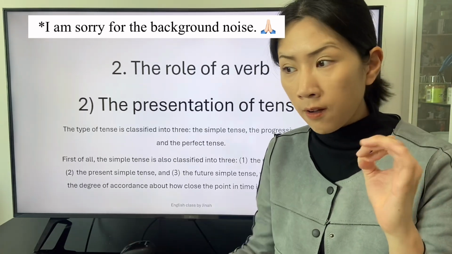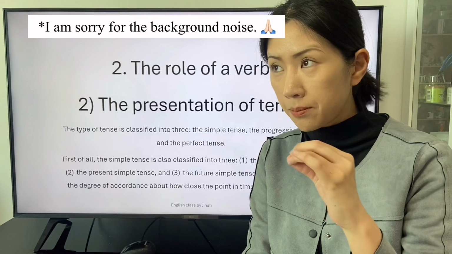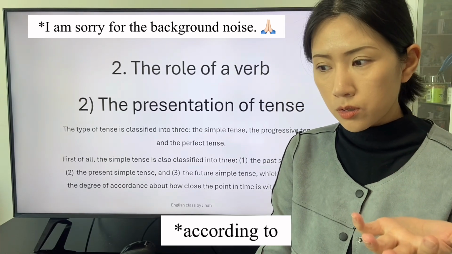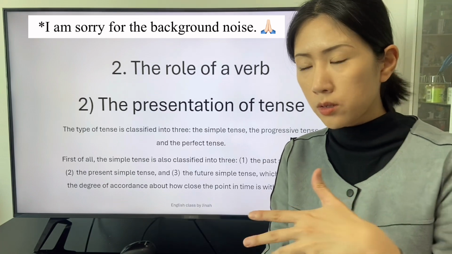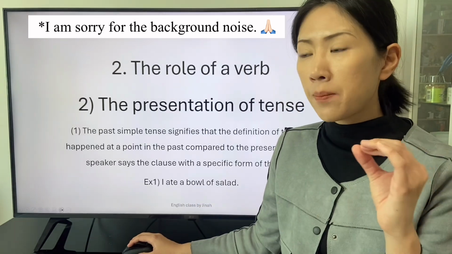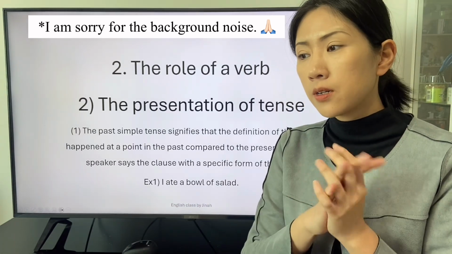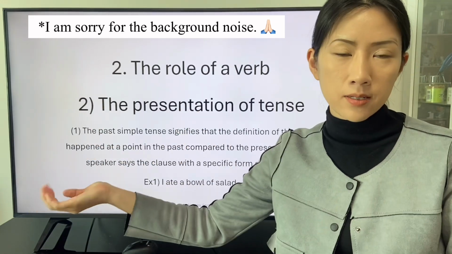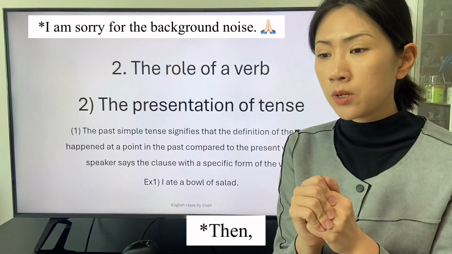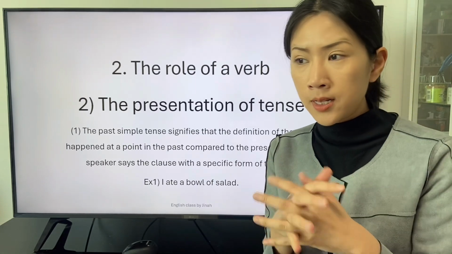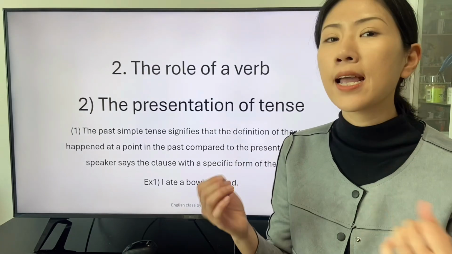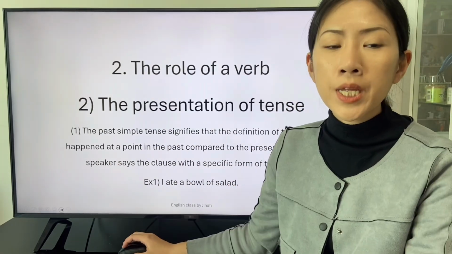The point of time is subjective to the speaker. We will study the simple tense from the past simple tense to the future simple tense. Then we will deal with the progressive tense and the perfect tense.